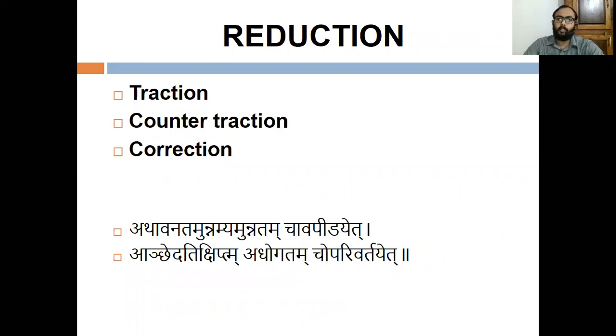Coming to reduction, reduction includes traction, counter traction and correction. Traction, counter traction and correction is the principle of reduction. In Susruta Samhita, there is a verse regarding reduction methods.